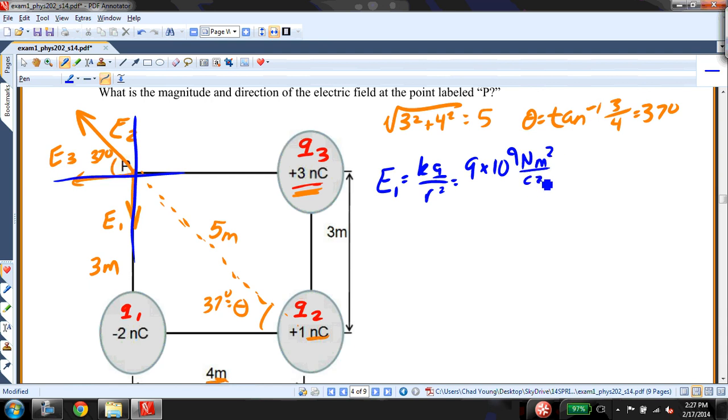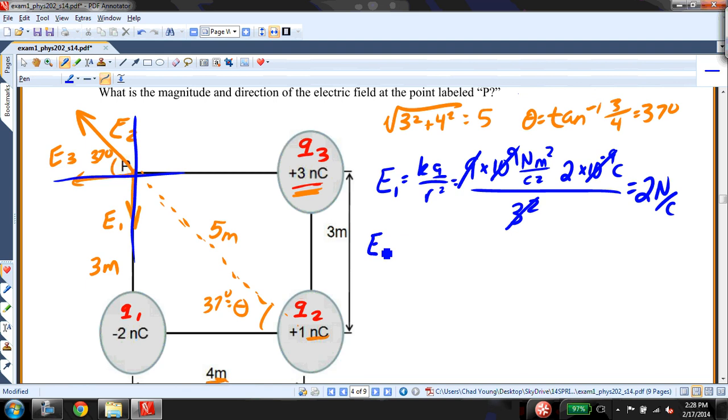For E1, we're looking at 2 nanocoulombs divided by R1 squared. That's going to be this distance, so that's 3 squared. And that's going to cancel out there, and there, and I'm left with 2 newtons per coulomb for E1.